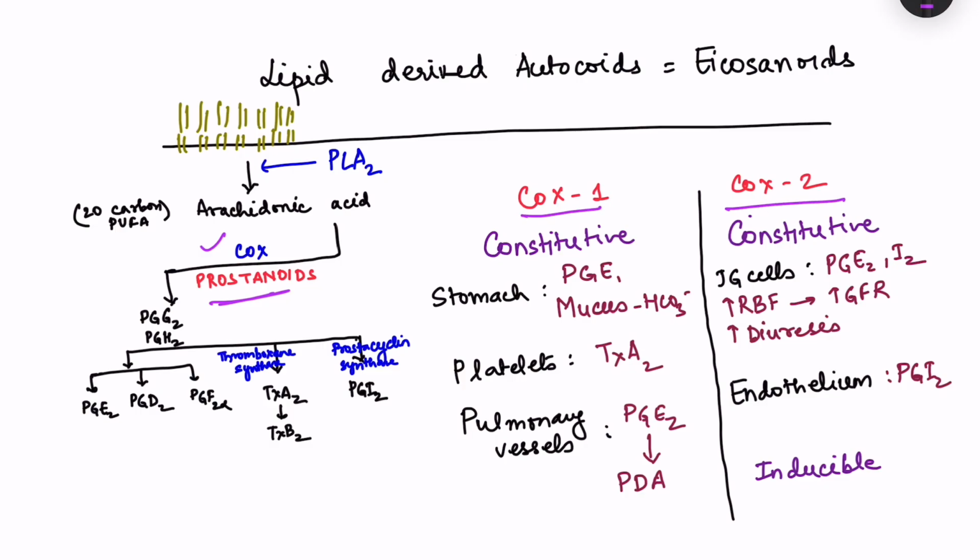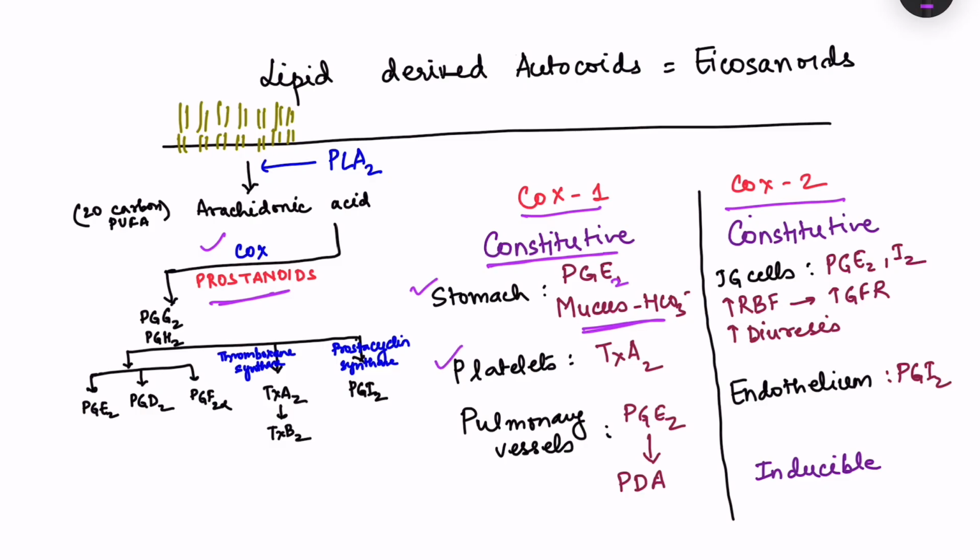Before, it was known that cyclooxygenase 1 is the constitutive enzyme, that means it is always active and it is important for housekeeping action. For example, it is present in the stomach and it is responsible, through PGE2, for mucus and bicarbonate secretion, thus preventing damage of the stomach mucosa by the acid.